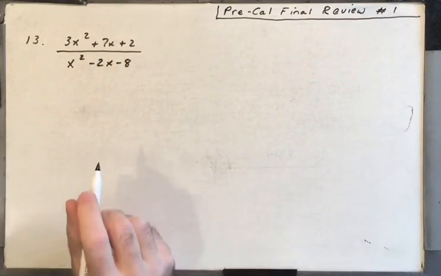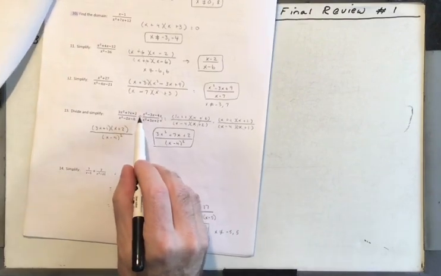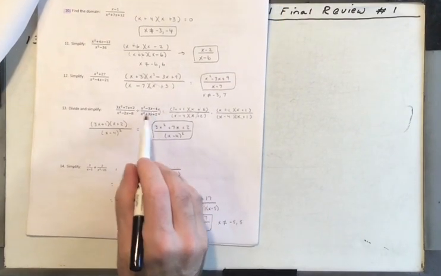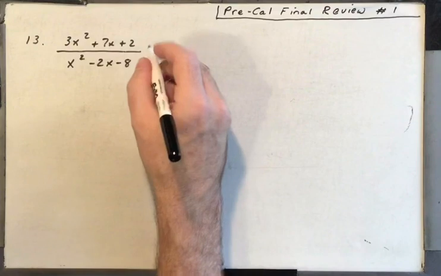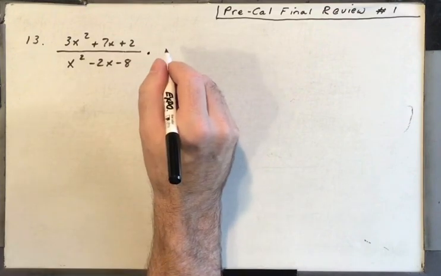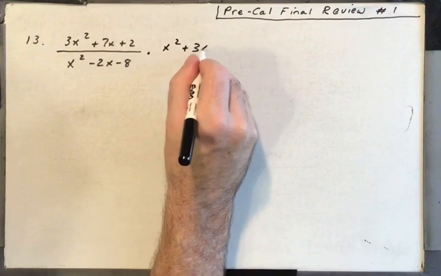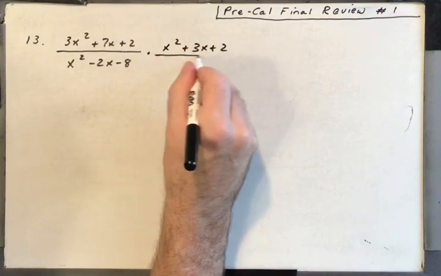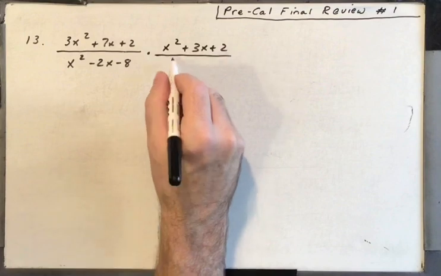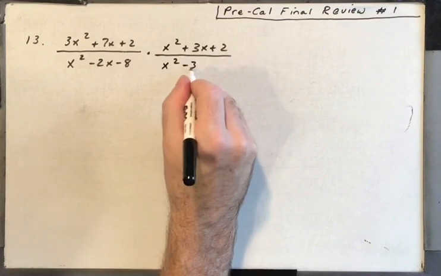Now I'm going to skip a step here just to save some space on the board. See how it's divided here? I'm going to go ahead and flip this second fraction and multiply. So that's going to be times x squared plus 3x plus 2 over x squared minus 3x minus 4.